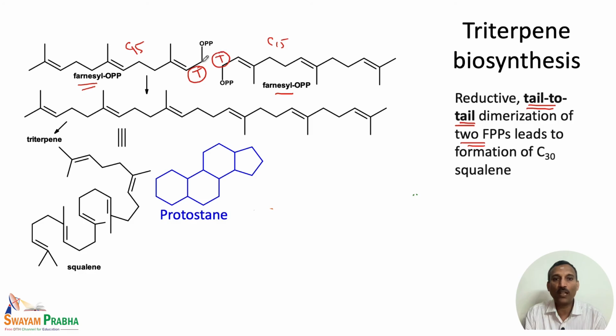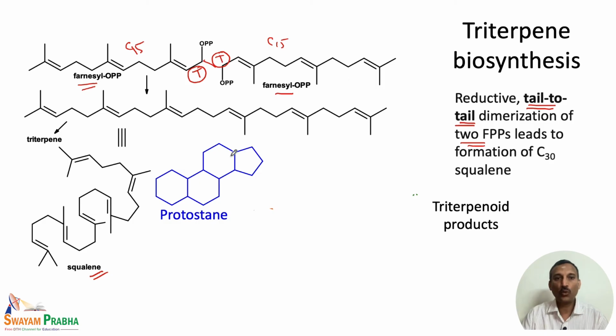So two tails are combined together to give the squalene structure, which is given here. The major difference between other terpenoid compounds and the triterpene is the way in which the two OPP or pyrophosphate units are combined. So this is a major exception to the normal biosynthesis of terpenes.